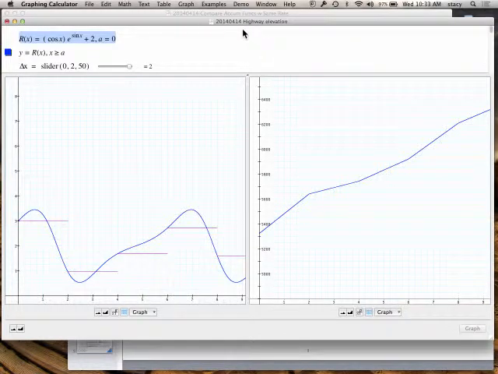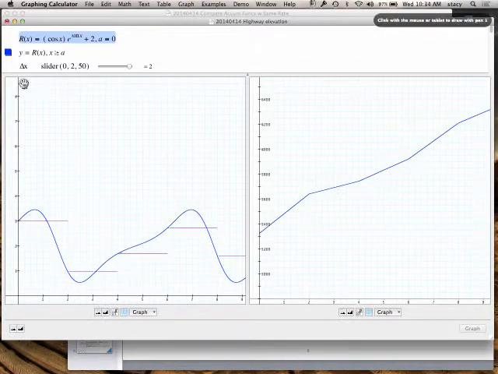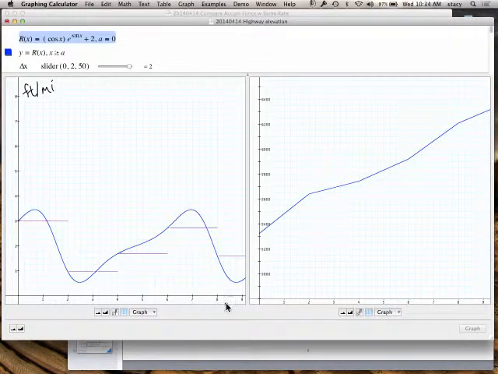So if you want to think context, let's make the left like the rate of change in elevation of a highway as you drive towards the coastline, or maybe away from the coastline. Okay, so this will be like feet per mile of elevation as you drive away from the coastline, so miles down here.